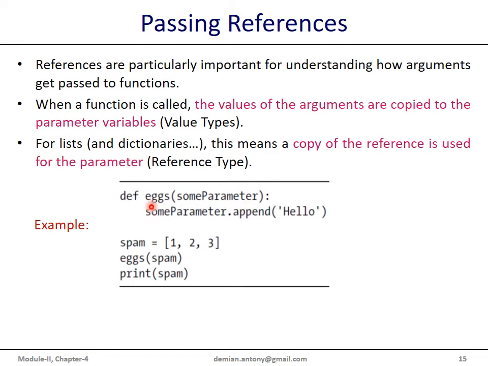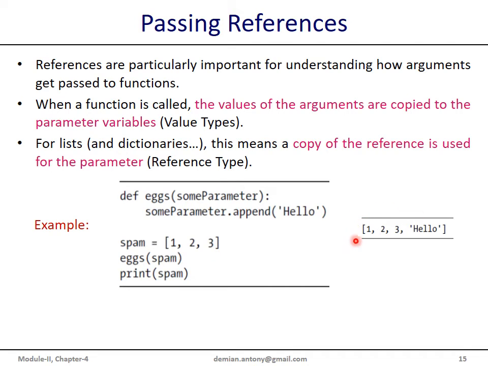Now in the function we modify the list through the second reference, that is some parameter. If you print spam, we get the modified list, that is 1 2 3 followed by hello. Even if you print spam again, you get the new list with 4 elements, 1 2 3 and hello.